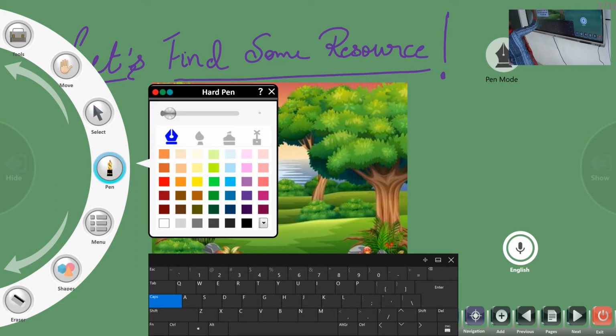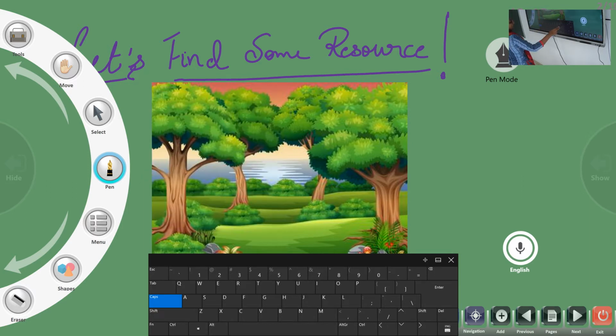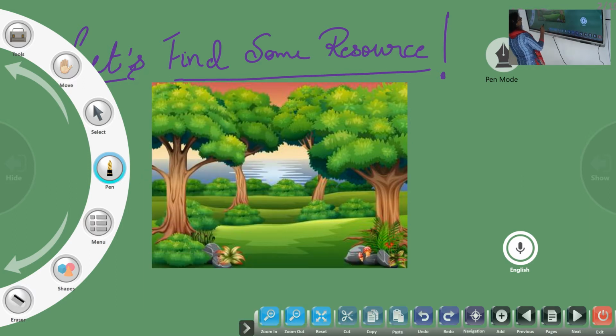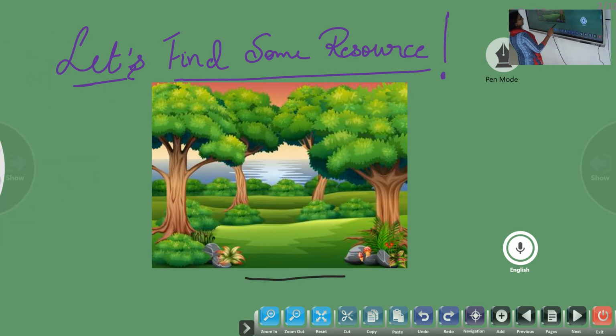I hope you can see this picture, right? Let's look at this. I want to call this the surrounding. Now, what are the things that you see in this picture? Let me start. I see a tree.